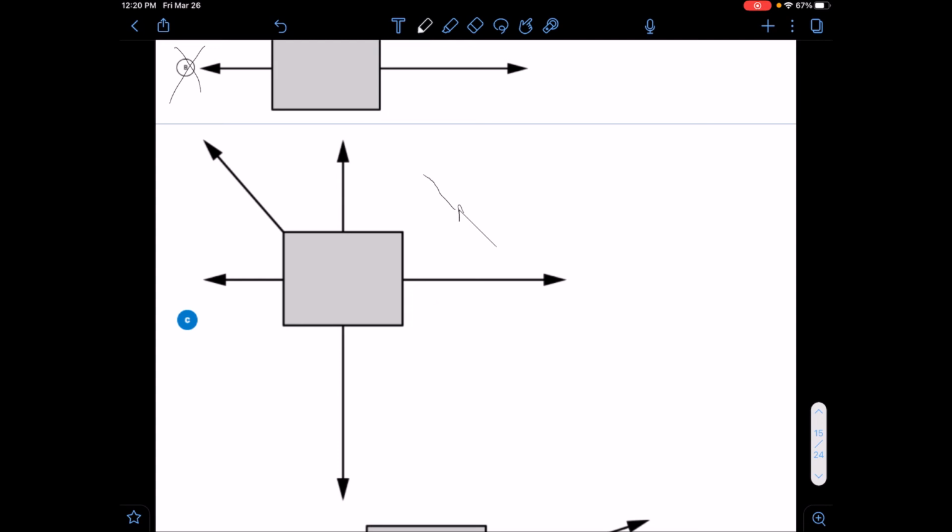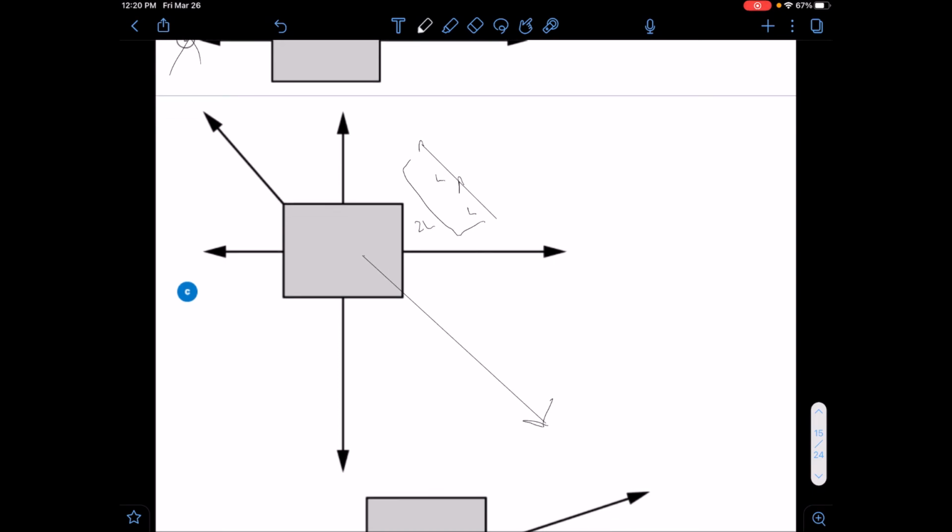So if this is, let's say, length, and that's length, the total is 2 length, okay? And this one looks like it's twice the length, too. So it's safe to assume that because using vector addition they're equal, this one will be equal.